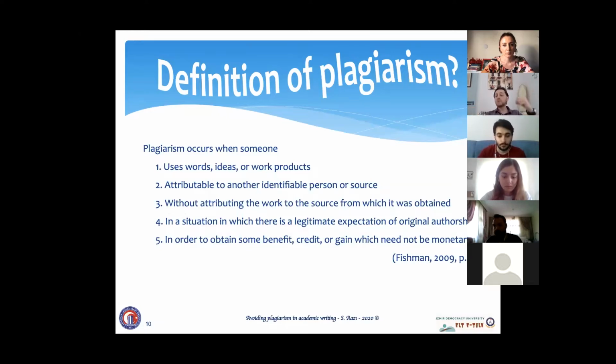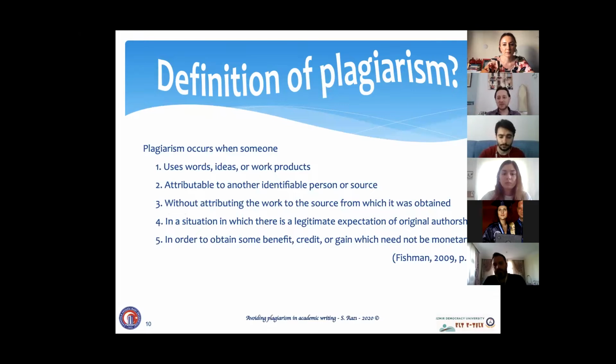Of course, we will benefit from the other sources in academic writing. This is the key point of academic writing, but what do we need to do? We need to attribute, we need to acknowledge the original author. Fourthly, in a situation in which there is a legitimate expectation of original authorship. And fifthly, in order to obtain some benefit for students, for example, what might fit here?